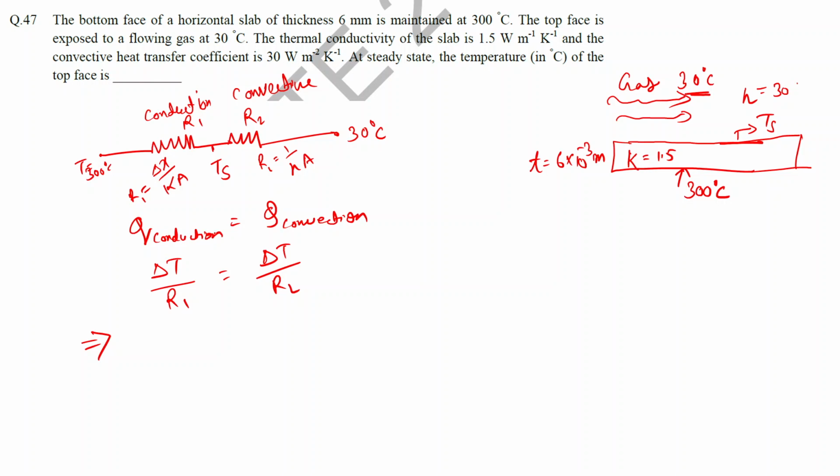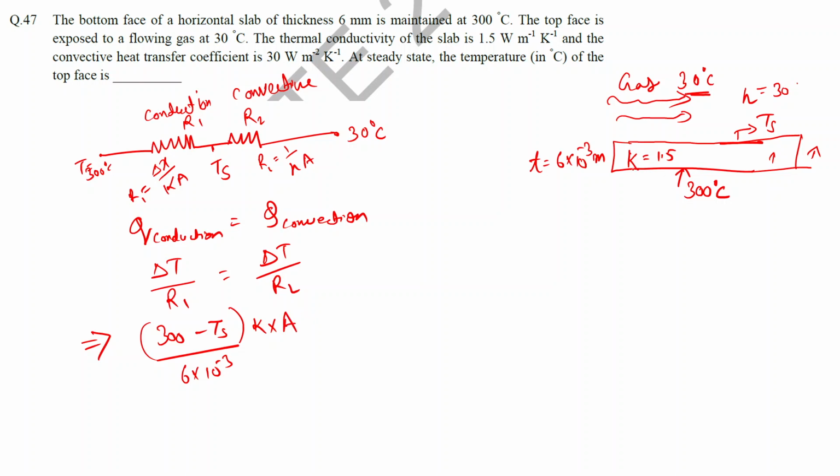Now for this conduction the temperature difference will be 300 minus Ts, that is 300 minus Ts upon delta X upon Ka. So heat is being transferred in this direction, so the thickness through which it will transfer is this 6 into 10 raised to minus 3 meter, so that is delta X is 6 into 10 raised to minus 3, and K is the thermal conductivity, into area.